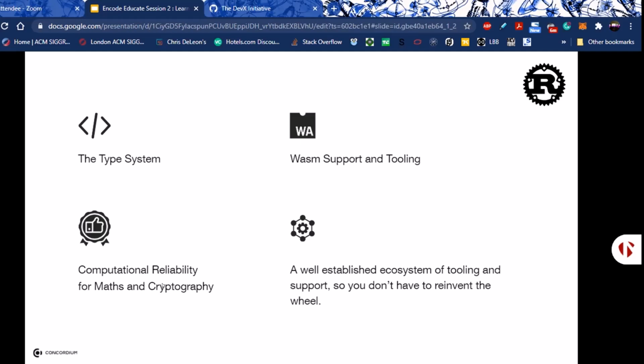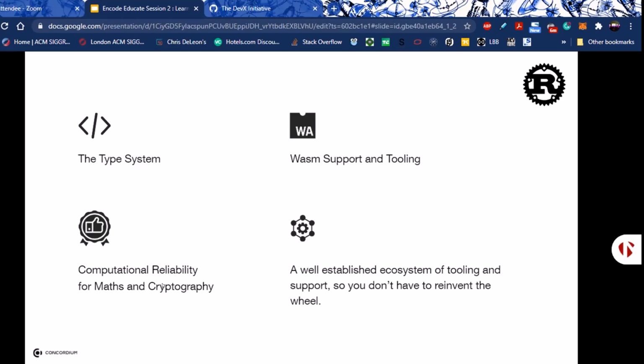When you're doing computation, when you're doing cryptography, you want to be sure that your types are what they say they are. Again, this is no direct attack, but one of the gripes that a lot of developers have with Python and other sorts of languages that are interpreted is that you just don't know what's going on under the hood.